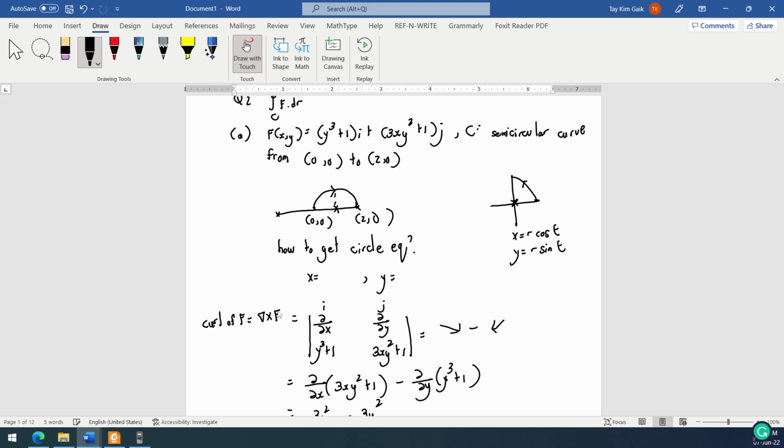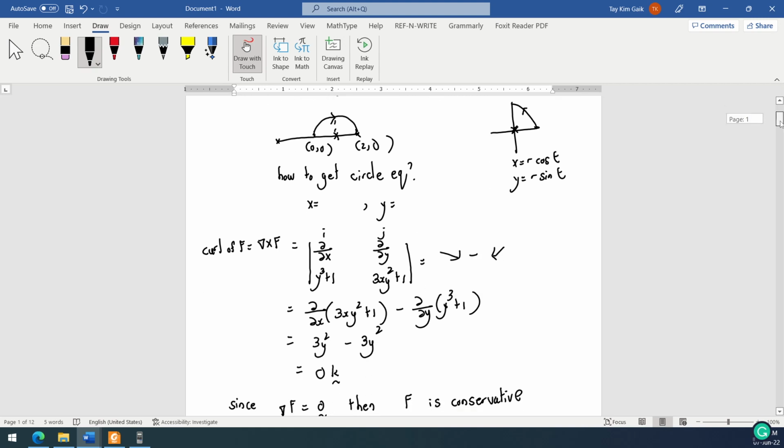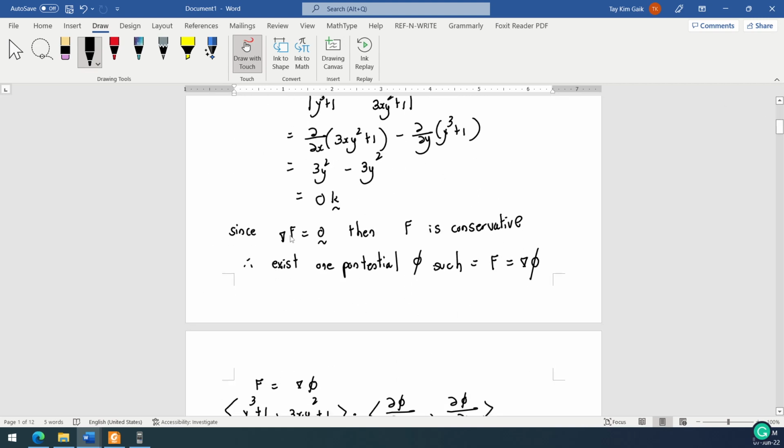F is a vector, so it's a cross product: del cross F. Phi is a scalar, so del phi is a vector multiplied by a scalar, and the result is a vector. Vector cross vector, the result is also a vector.